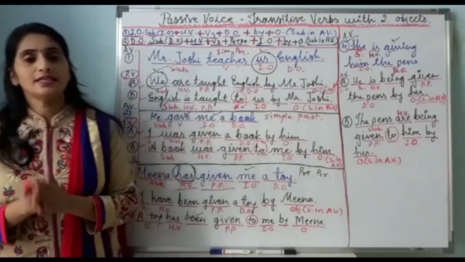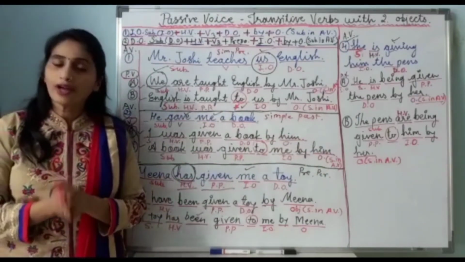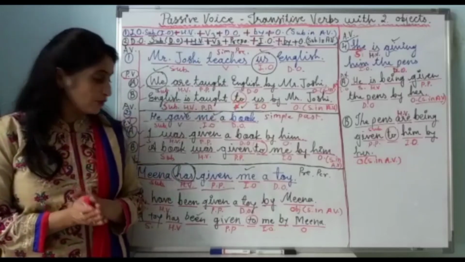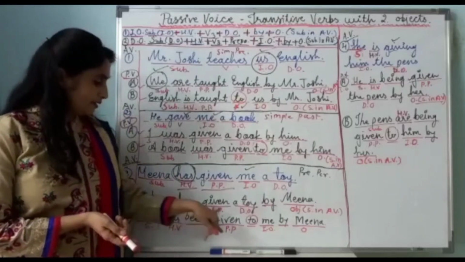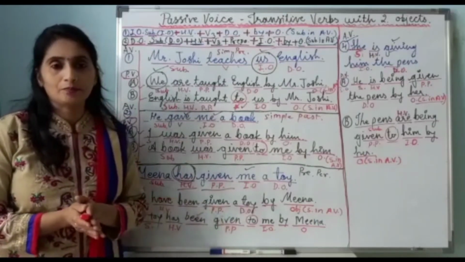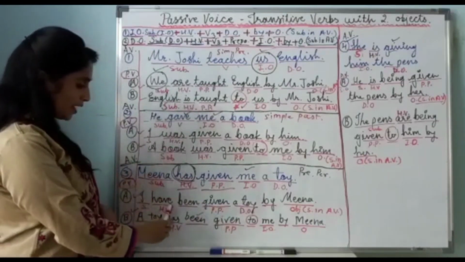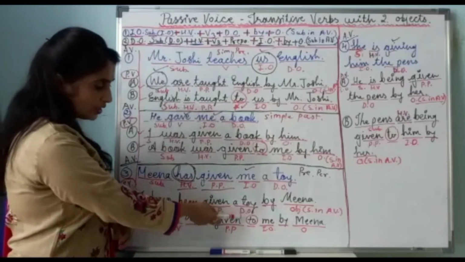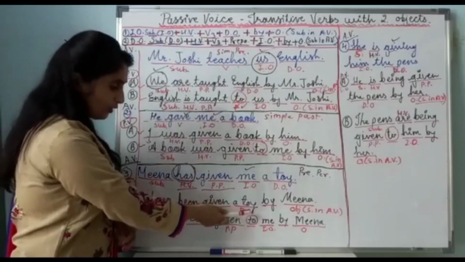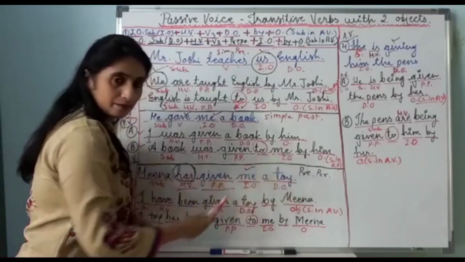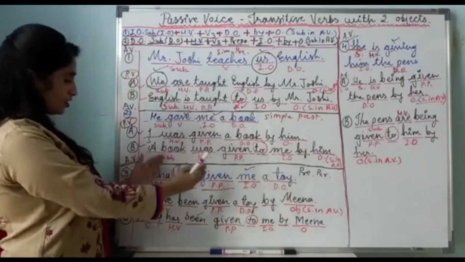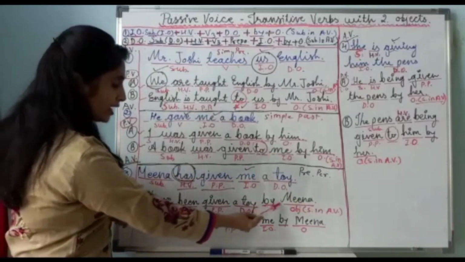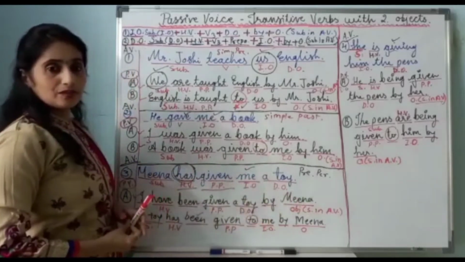Whenever there is has, have or had, in passive voice, we have to make use of been plus past participle. So, I have been. Then what? Given. What? Direct object then? A toy. By Meena. So, the conversion of the sentence is I have been given a toy by Meena.